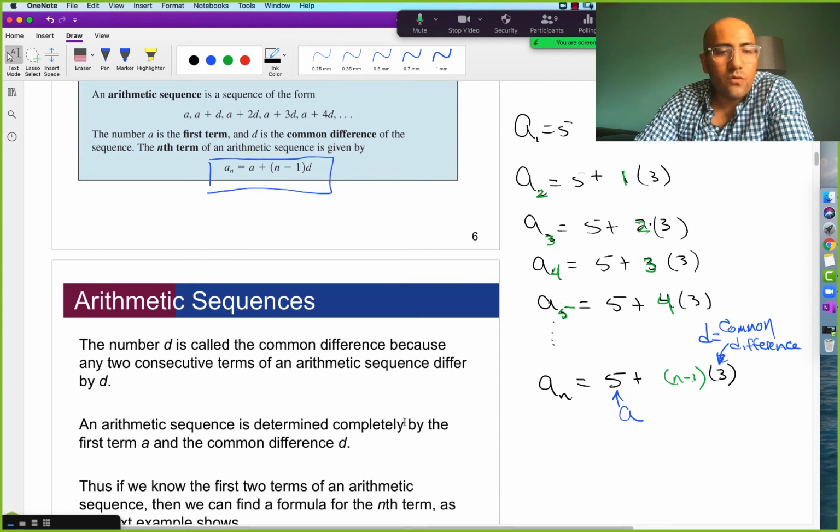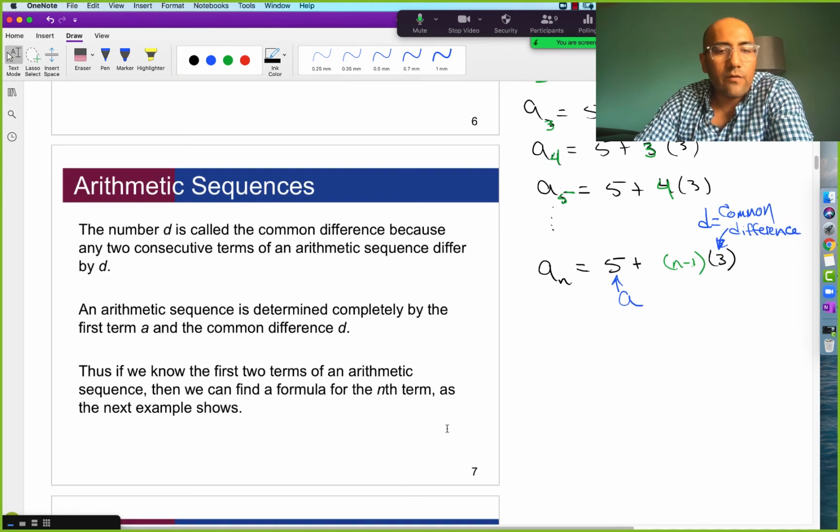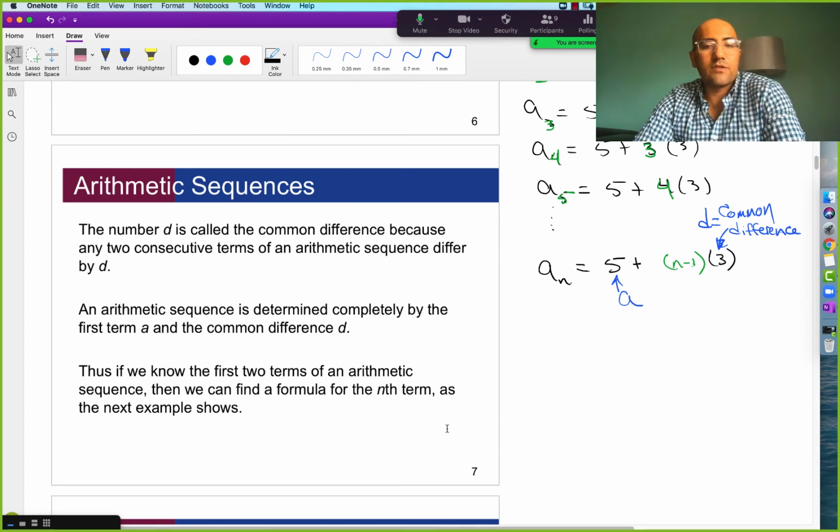Okay, so the number D is called the common difference because any 2 consecutive terms in the arithmetic sequence differ by D. Right? Any 2 consecutive numbers differ by the value D. An arithmetic sequence is determined completely by the first term A and the common difference D. If you just know those 2 things, you can completely expand out the whole sequence.